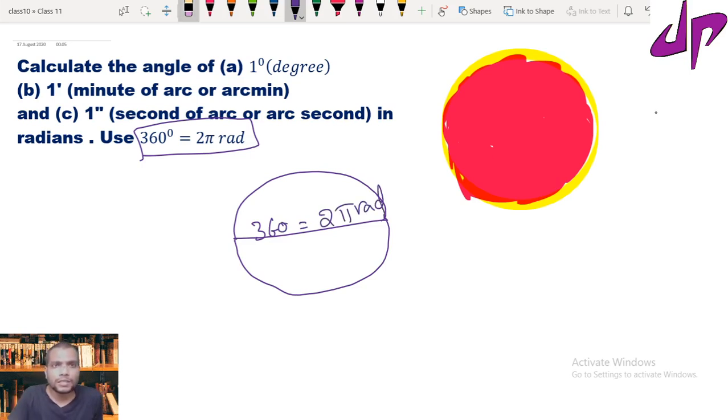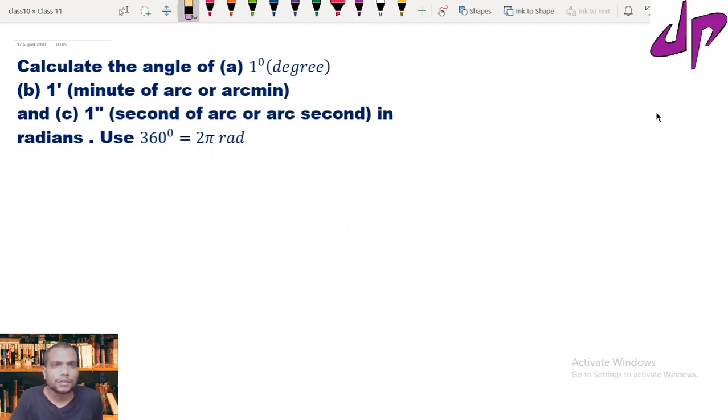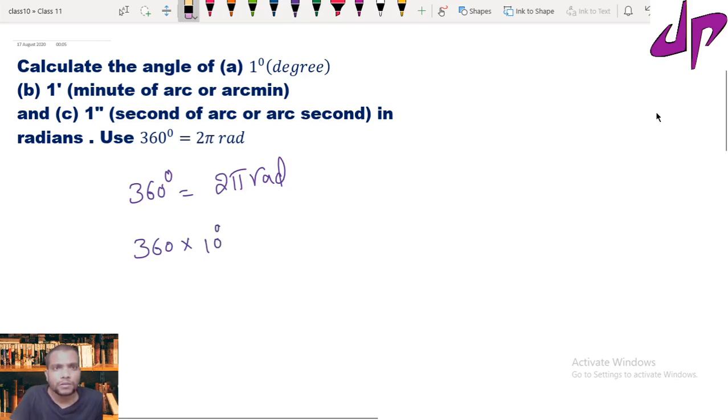So taking this prelim knowledge, we are going to calculate. 360 degrees equal 2 pi radians, and I can calculate what 1 degree is in terms of radians. So I can write 360 times 1 degree equals 2 pi radians.